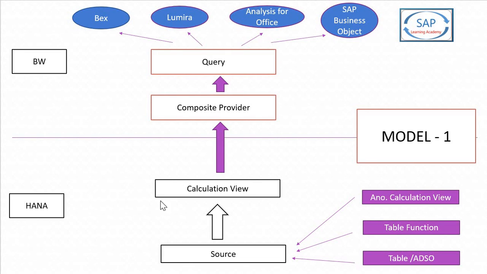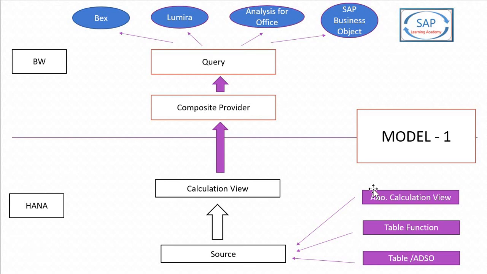In this place you can create either a calculation view, an attribute view or an analytic view. Even in the calculation view you can create a cube-like calculation view, a projection calculation view, meaning a dimension calculation view, or a scripted calculation view. So it's all about the HANA views in this place.